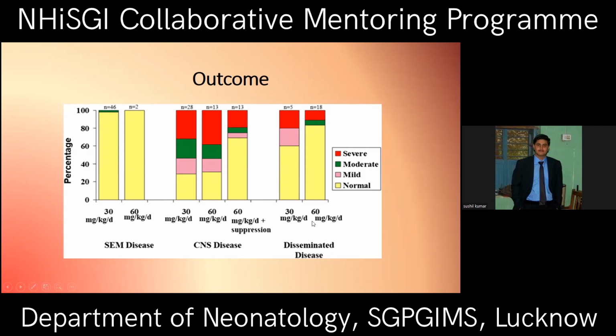Whereas in disseminated disease, with the same therapy, up to 80% of the babies have normal outcome, 5% have mild to moderate outcome, and 18% have severe outcome. So high index of suspicion and early initiation of therapy is the mainstay of managing these cases.